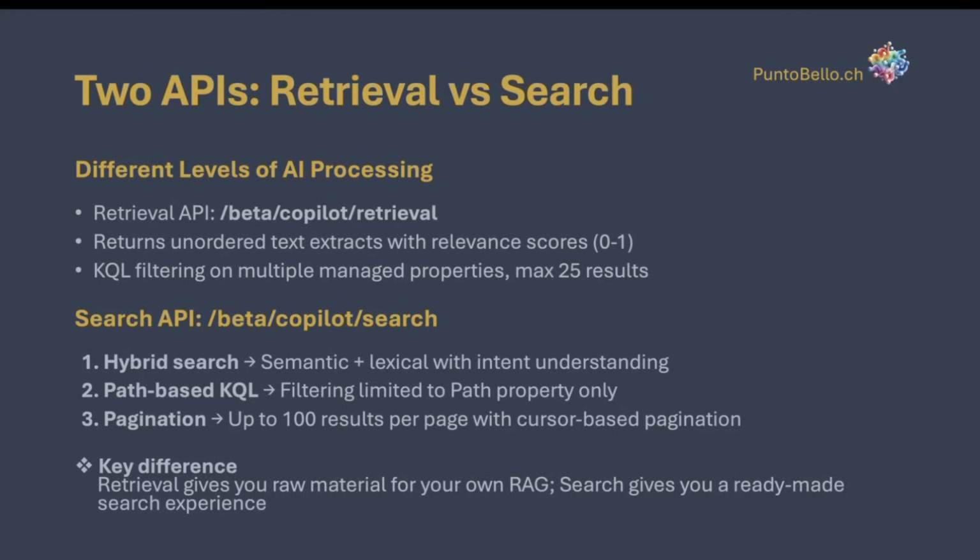The Search API is a hybrid search combining semantic and lexical approaches. It returns ordered documents or pages with pagination and iterating. And the key difference is also in filtering. The Retrieval API supports KQL on multiple properties, and Search only supports path filtering.